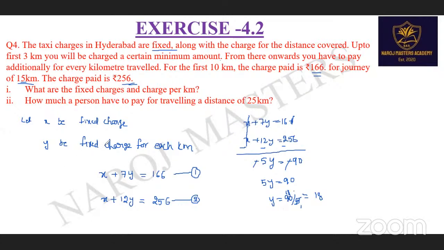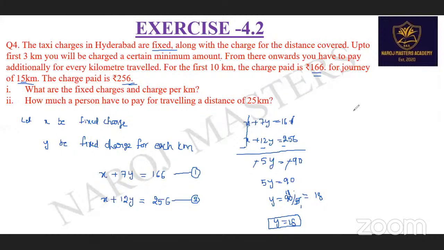So what is y here? y is the charge per kilometer. So y is equal to 18 rupees per kilometer here. Then what is the next step? Substitute this y value either in the first equation or in the second equation. Let me substitute in the first equation only.